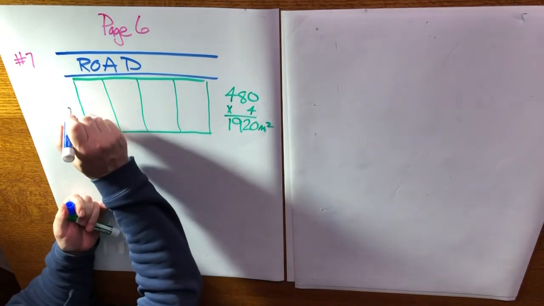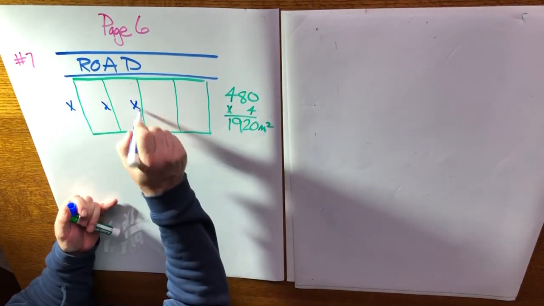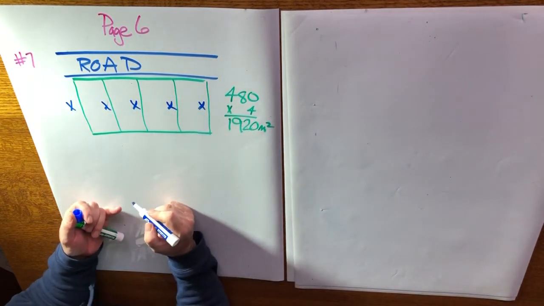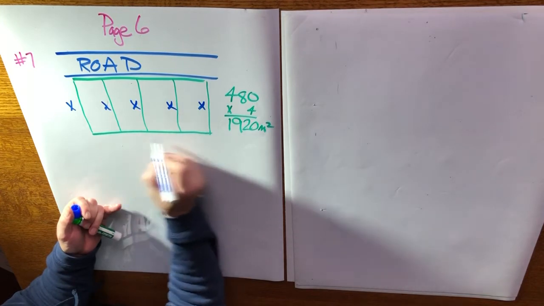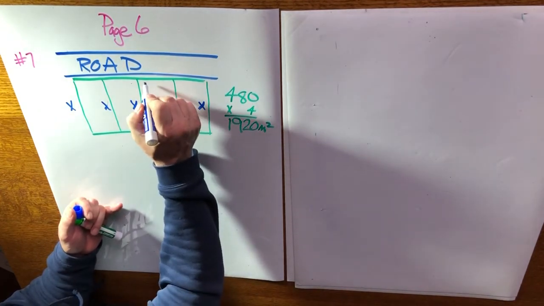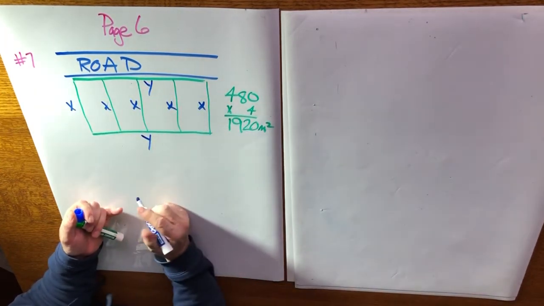They're going to put fences along the sides, and there's going to be 1, 2, 3, 4, 5 fences, all of length X, and then there's going to be a fence along the back part of the property, we'll call that Y, and then the front part of the property as well along the road, that's also Y.